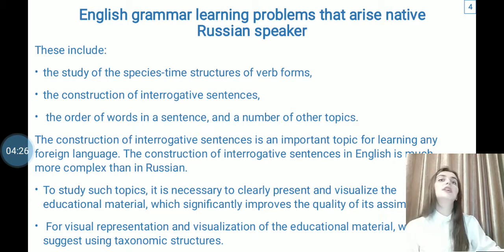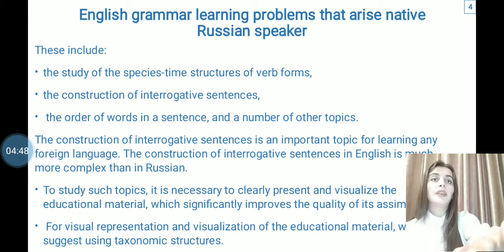Thus, there is a contradiction between the increasing possibilities of visualization tools for taxonomic structures of grammatical material and insufficient use of their potential in the study of complex topics of the English language, which causes difficulties for foreign language teachers.